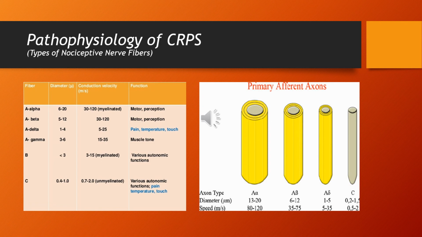It also should be noted that these A fibers are all myelinated, hence the faster conduction speed. Then we have the unmyelinated C fibers whose conduction speed is the slowest. As you can see as well, the thickness of these fibers are directly related to their speed of impulse conductivity.